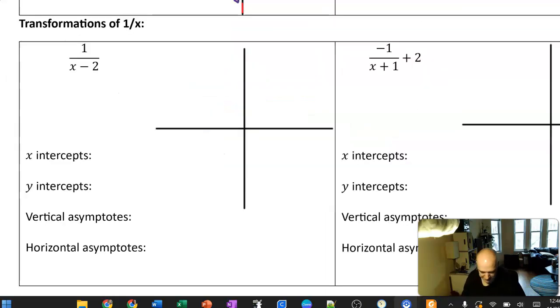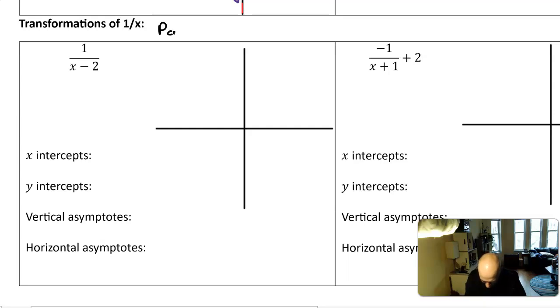All right, so the first transformation we're going to look at is 1 over x minus 2. Now, the first thing we have to do is identify what transformations have happened, and for 1 over x, this can be tricky. So if I really want to think about what the parent is, the parent graph is y equals 1 over x, and I want to look at what transformations have happened. Now, I'm going to put parentheses around this denominator.